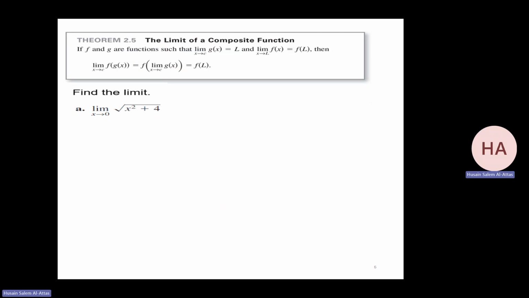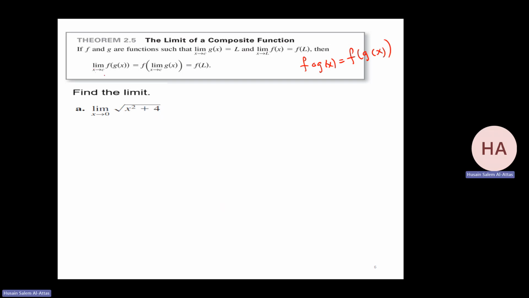The composite function. What does it mean? In a composite function, you have a function of a function. If you have a function of a function, how do you find the limit? I need to be sure about the inside limit. How can I take the limit inside? You have f circle g of x, which is f of g of x.